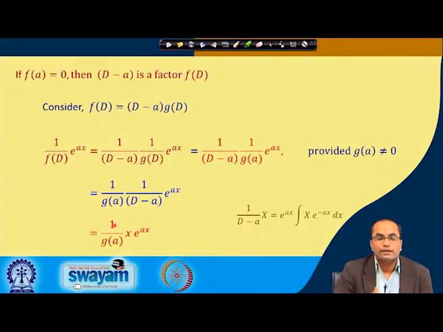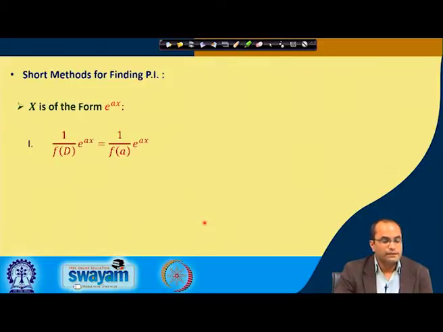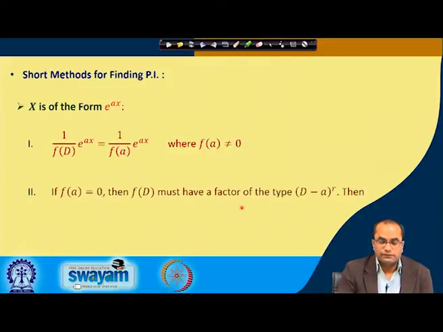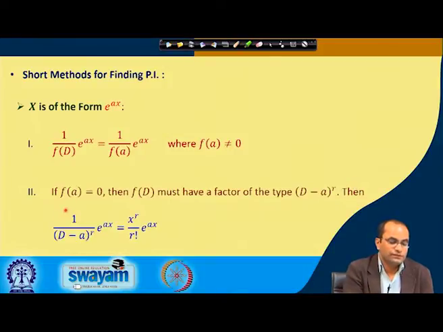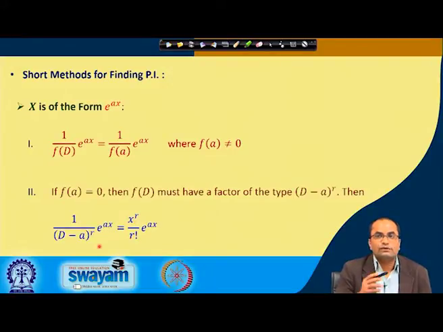We can generalize this further, and that result will be stated here now. f(D) must have a factor of this D minus a power r, and in that case the general formula for dealing with 1 over D minus a power r on e power a x will be x power r; like in case of 2 we have seen it is x square by 2, and in case of 3 again we will get this 3 and the 2 earlier.